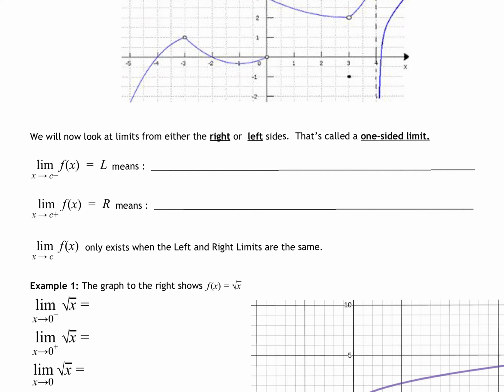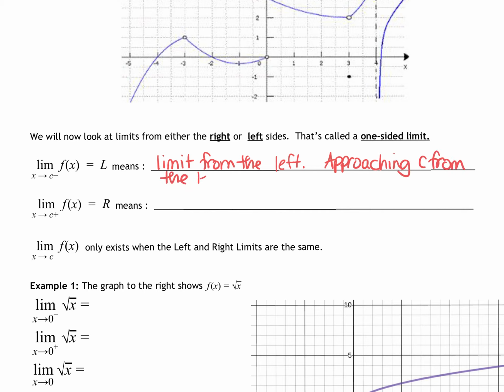In order to tell if it's a one-sided limit, we're going to see after whatever we're approaching, there will be a little negative sign or a little plus sign. This just basically means that we are looking at the limit from the left. So this would be our limit from the left side. In other words, we're approaching C from the left.